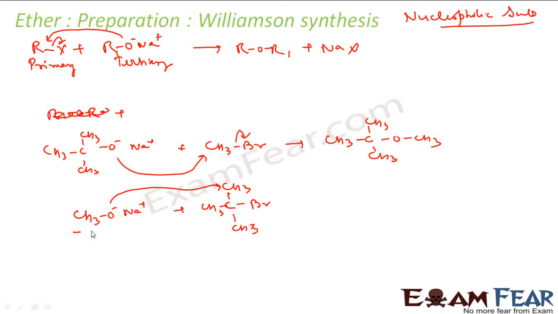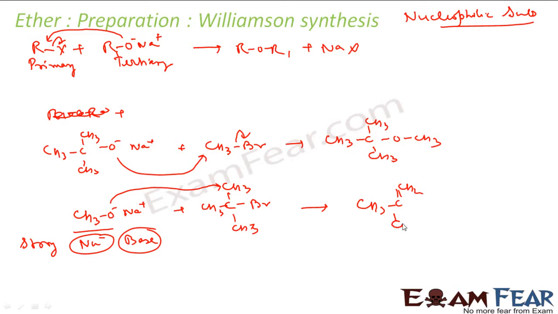So this CH3O minus is a strong nucleophile and strong base also, right? So due to steric hindrance, if it is not able to act as nucleophile, it will act as strong base. It will pluck out this hydrogen from here, so it will have elimination reaction. So please note, in this Williamson synthesis, my alkyl halide has to be primary and my sodium alkoxide can be secondary or tertiary.